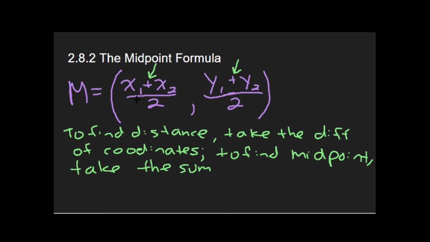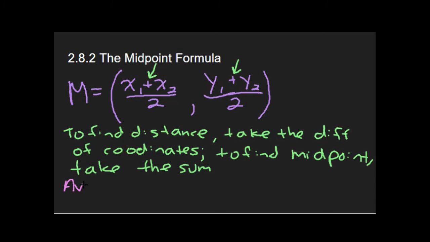One thing you'll also note is that you have one x value plus a second x value, and then you divide by 2. You also have one y value plus another y value, and you divide by 2. So think back to what you've learned in math. When you have two values that you add together and then you divide by 2, what are you doing? You are averaging those.